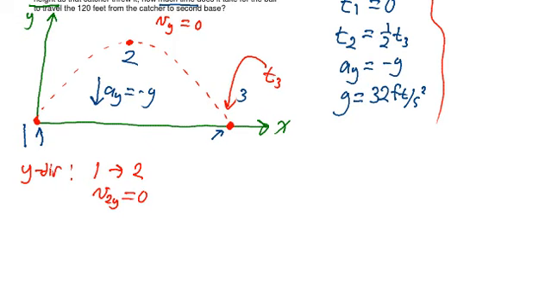I would like to write down the kinematic equation for the velocities, time, and acceleration from point 1 to point 2. It seems silly to do anything with the vertical position because that just adds another variable. So let's say that v2y equals v1y plus ay times (t2 minus t1).